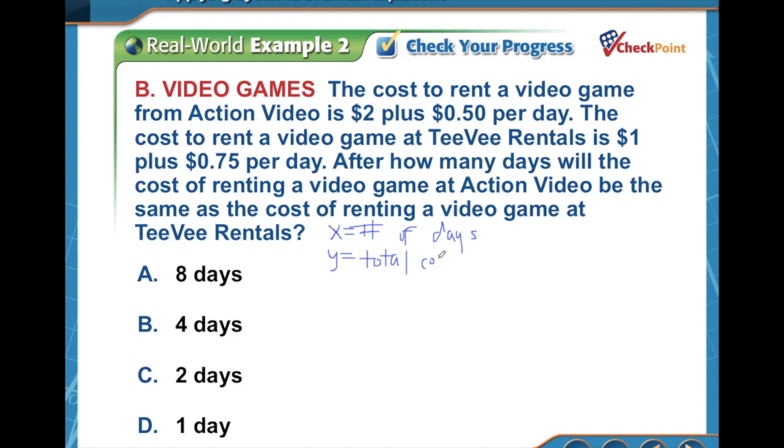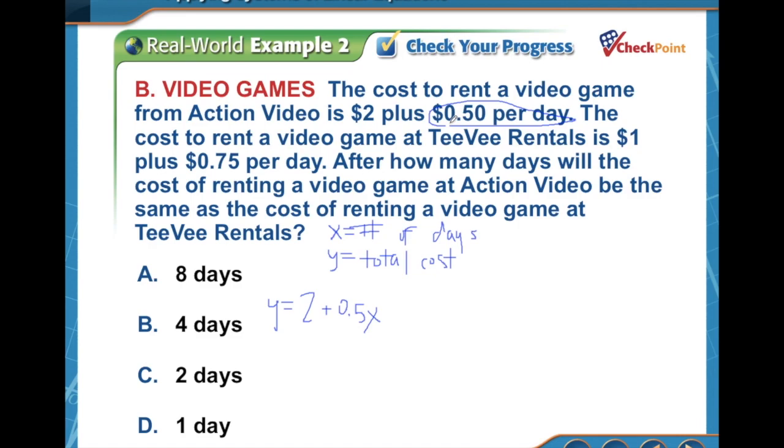So if x is the number of days and y is the total cost, we can now write our equations. For Action Video, our total cost is going to be $2 plus, they tell us, 50 cents per day right here. So that's 0.5 times x, the number of days. Great, that's Action Video.